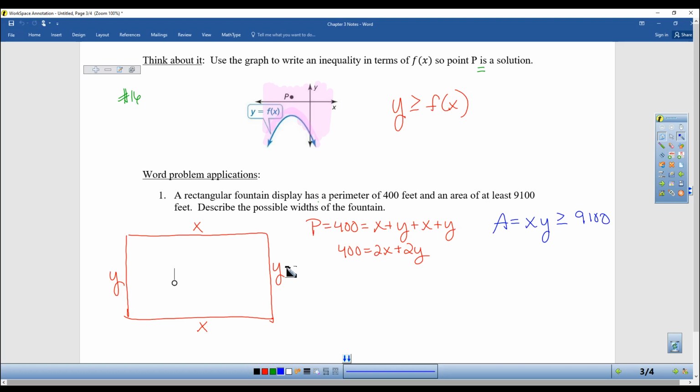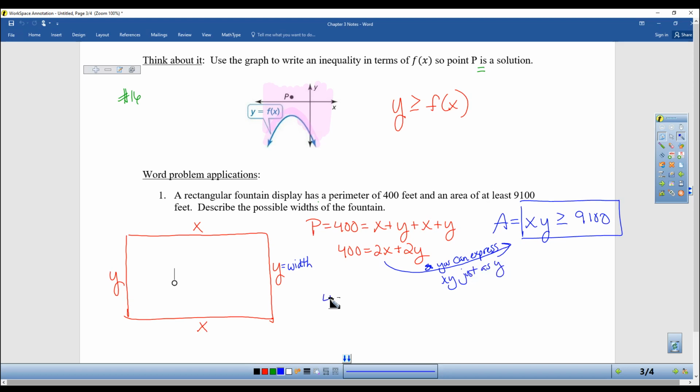So let's say that y is the one that's the width. This formula is in terms of x and y. They want something that just describes the widths. So I can use this equation so you can express xy just as y.